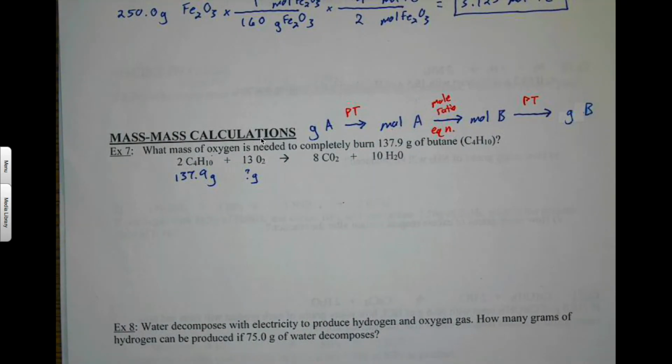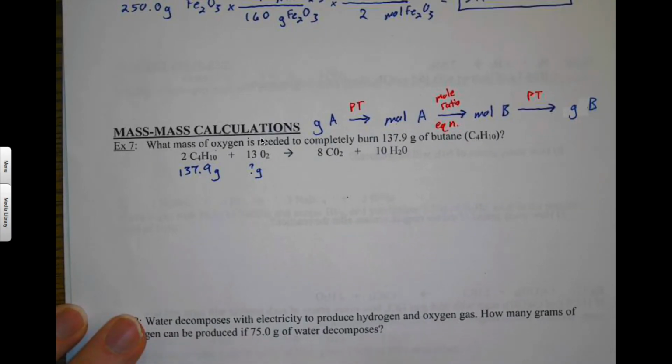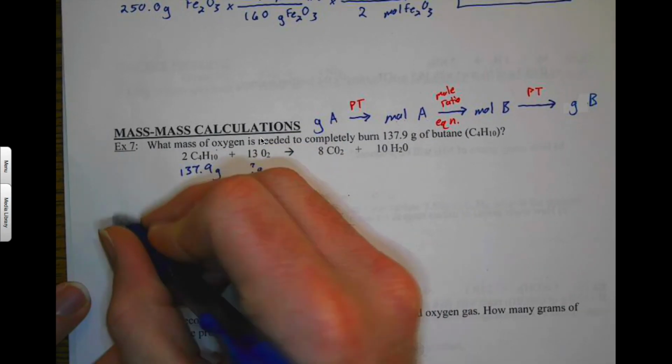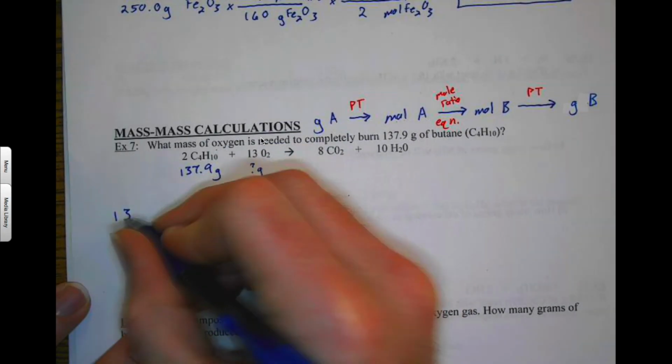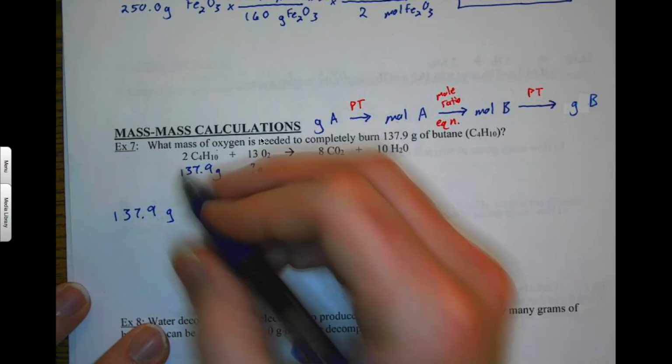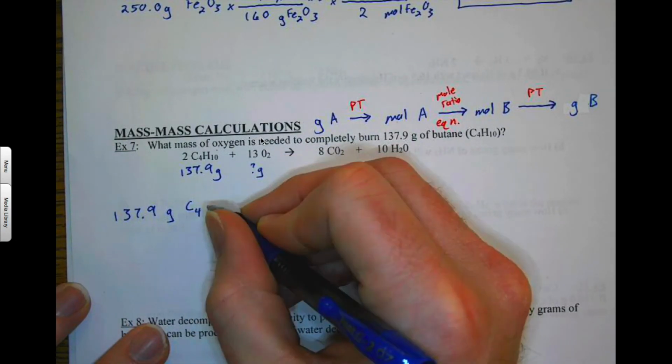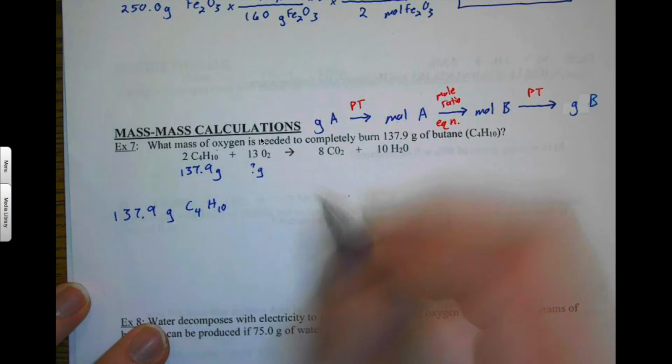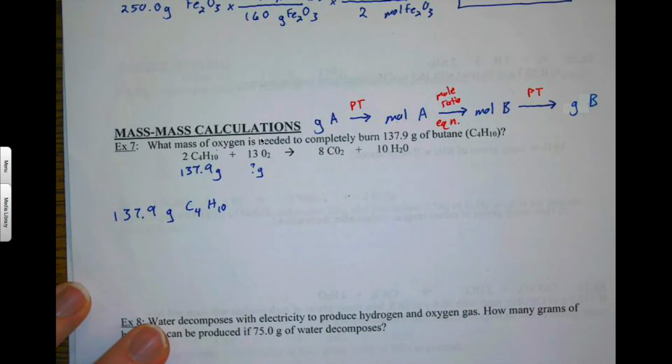To get rid of all the butane, how much oxygen am I going to have to add? That's what we're asking. We're calculating that perfect ratio that's needed. So this can be used to economically figure out how much you need for an experiment. You can calculate it. So that's why we use it.